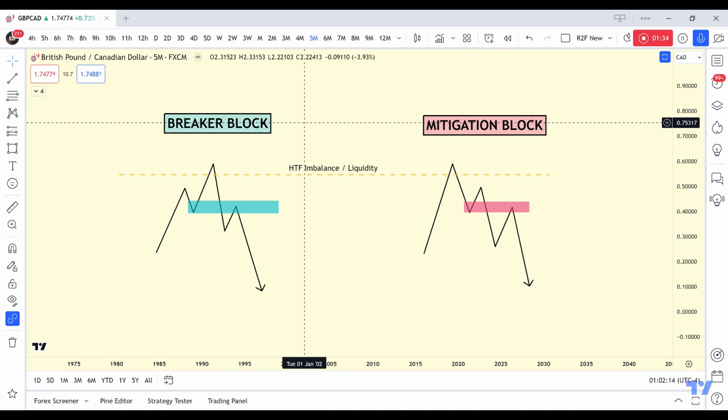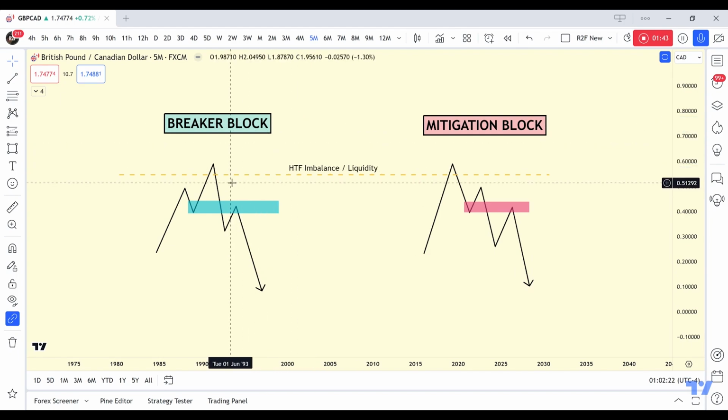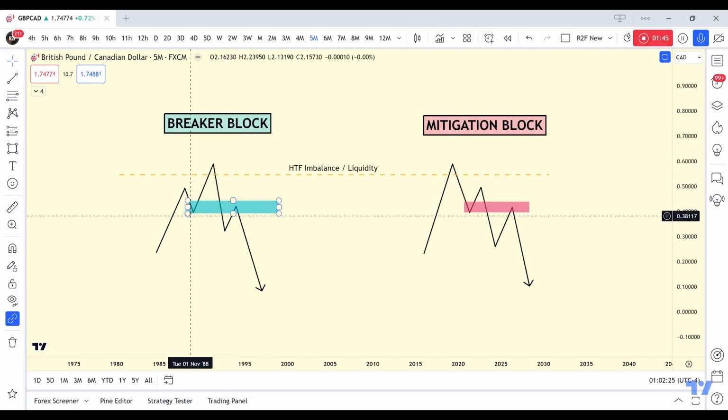The actual zone to take trades from, or even an entry from, in this instance of the bearish example, is the nearest up candle or series of up candles after price makes a lower low.